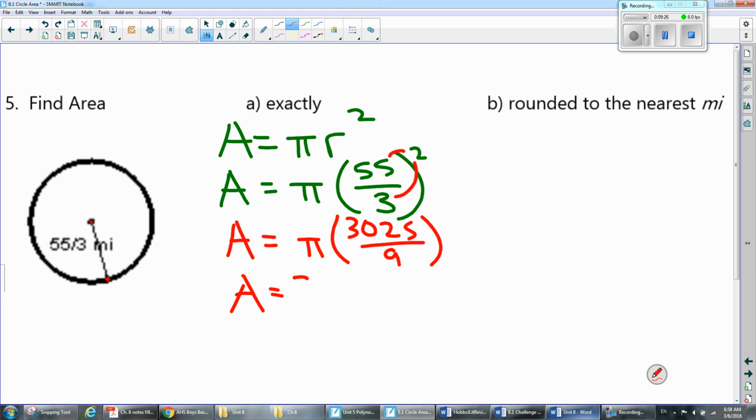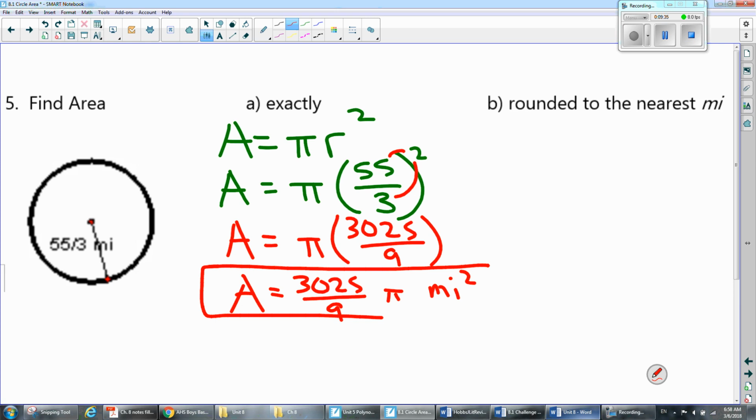So that really gives us 3,025 ninths, which is in lowest terms, pi miles squared since it's area. If we were rounding that to the nearest mile, type that into your calculator. You get 1,056 miles squared.